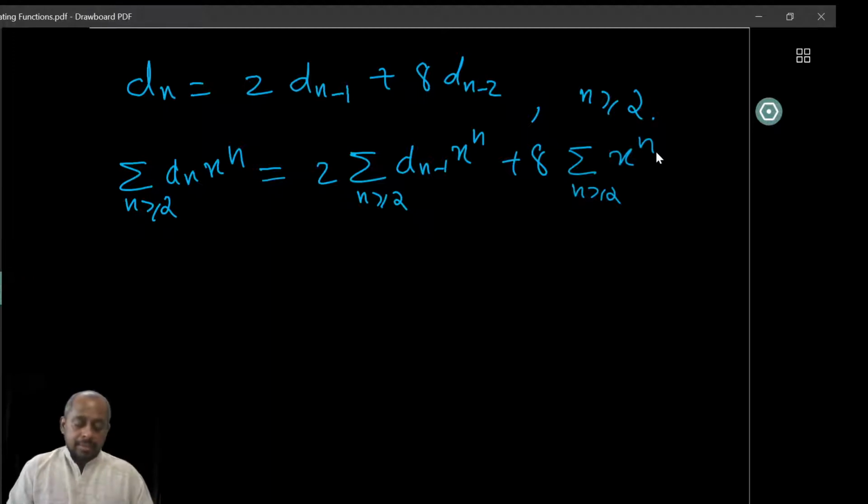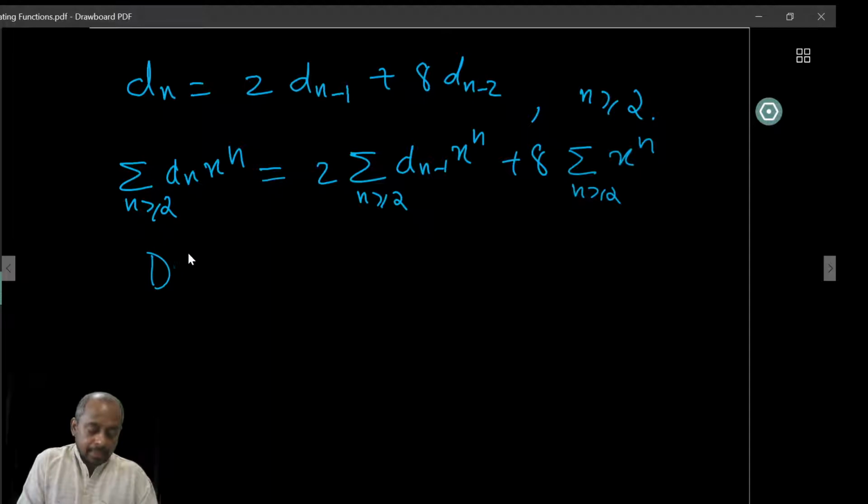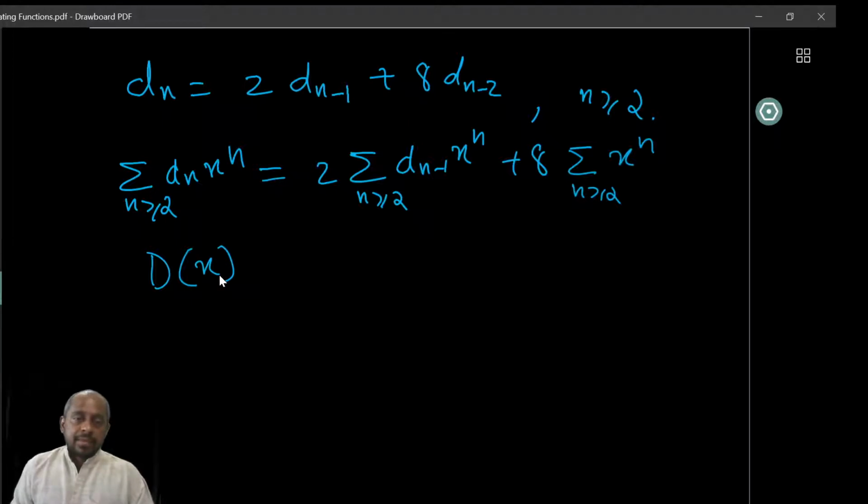So this is what we get. Now what is here is basically, except for the first 2 terms, the entire generating function of d_n, which is, let's say, d(x). So d(x) is the generating function.